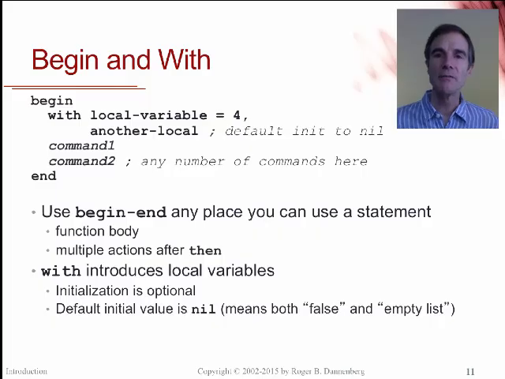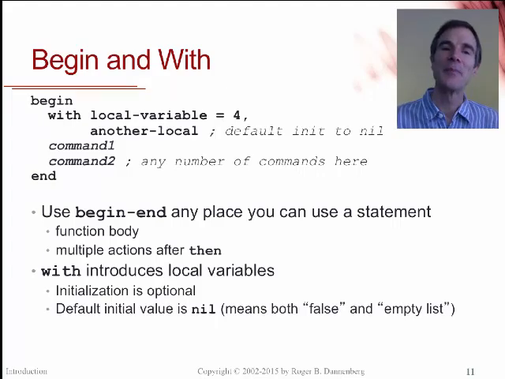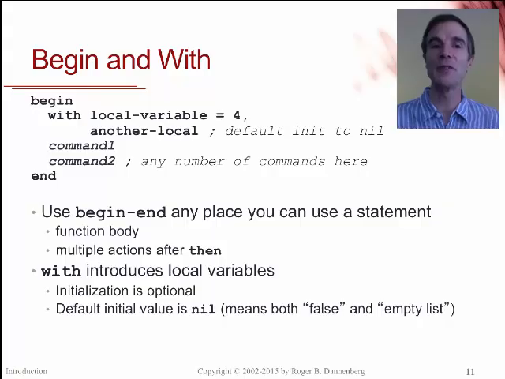We haven't talked in any detail about how begin and end work, or with, so let's do that now. Begin end is what is called a compound statement. Syntactically, it's a single statement, but it encloses multiple statements.